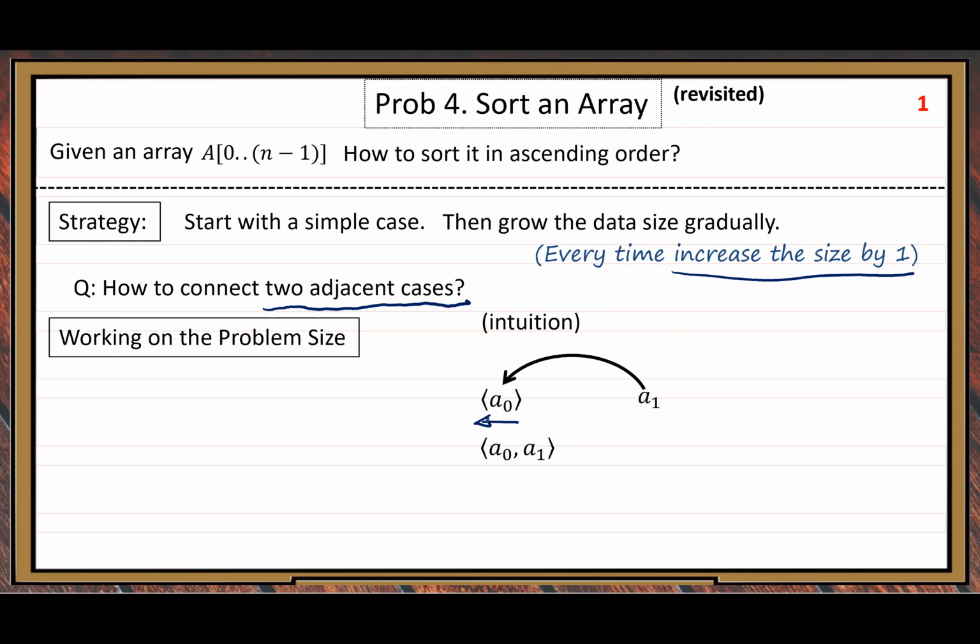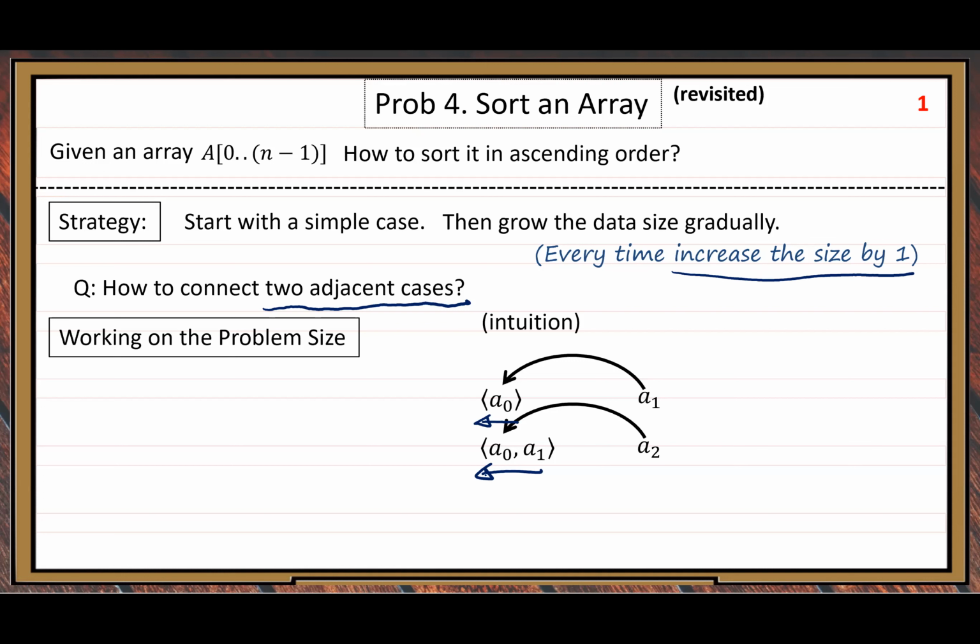After A1 is joined with A0, we have a new sorted array. Then to increase the data size, we consider another new element, A2, and we also want to insert A2 somewhere in the currently sorted array. How about that view?